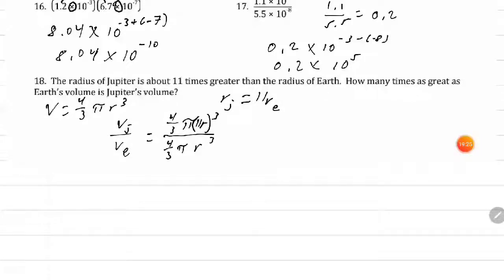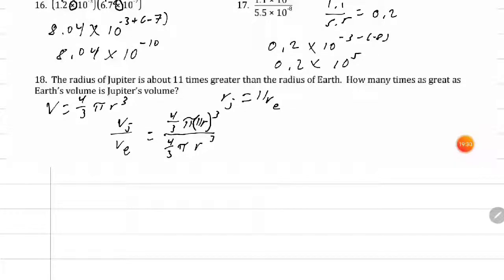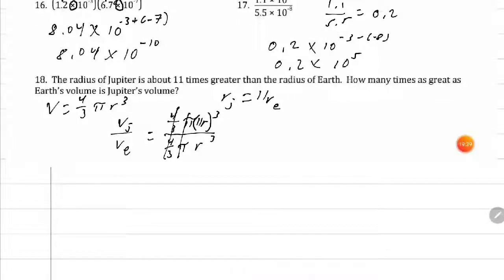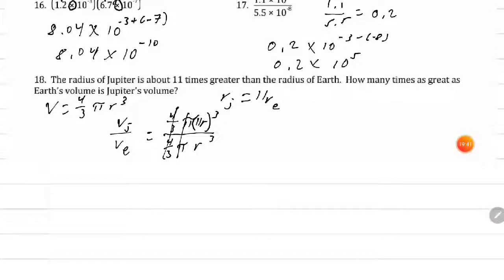Okay. So I'm just going to eliminate. Since everything's being multiplied, I can cancel our 4/3 out, our pi's out. Now, what I can't do right away is get rid of the r cubes. But here we go. 11 to the third power is 1,331.